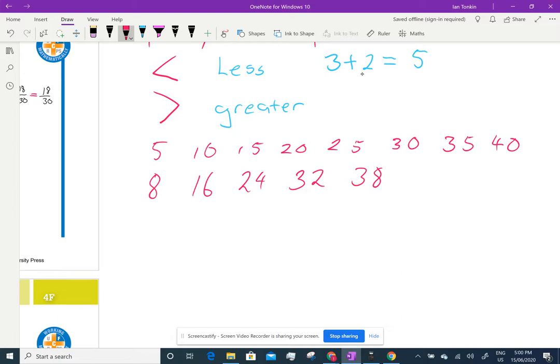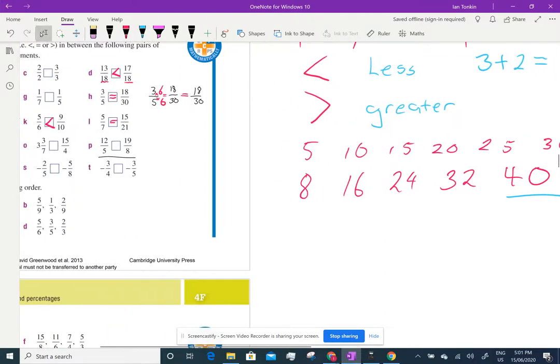Have I done that right? 8, 16, 5 eighths are 40. And what have I done there? 8, 16, 24, 32. Oh, goodness me. And 40. I don't know my 8 times tables, and there it is. There we go. There's the lowest common denominator, and I get it by multiplying each.